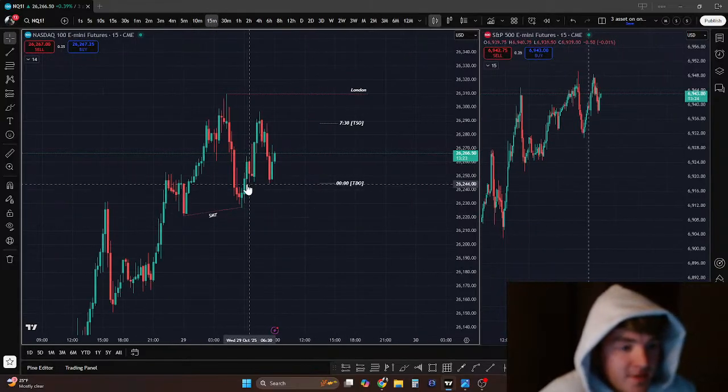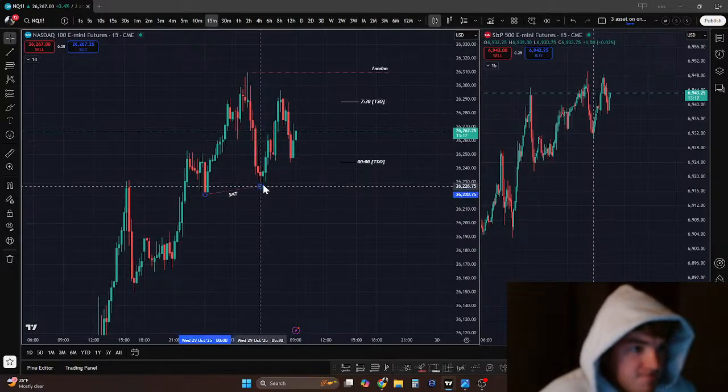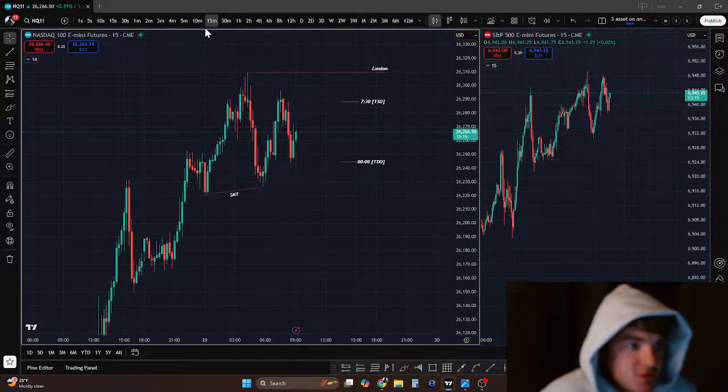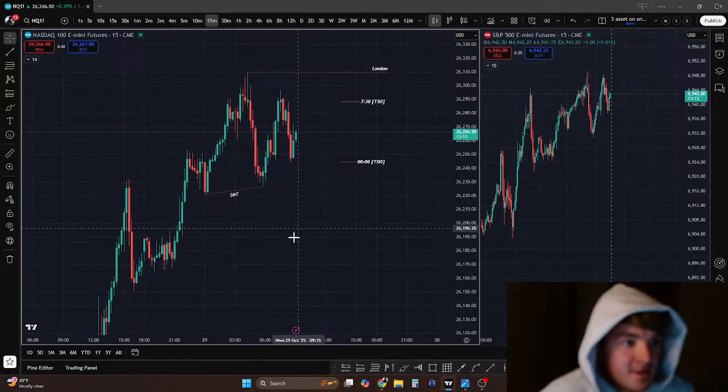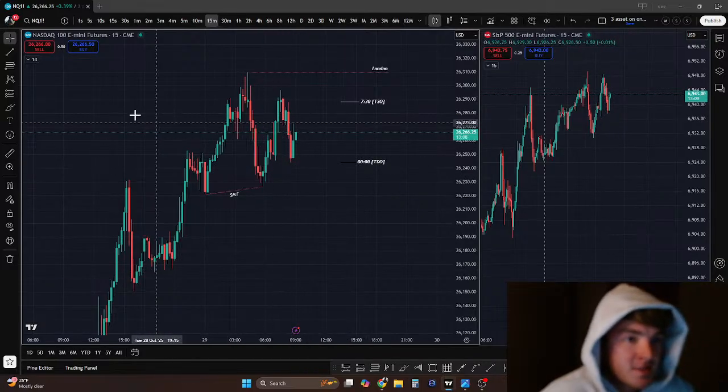So we do kind of have a gap there. We have a gap here. We did just sweep that low with SMT here.